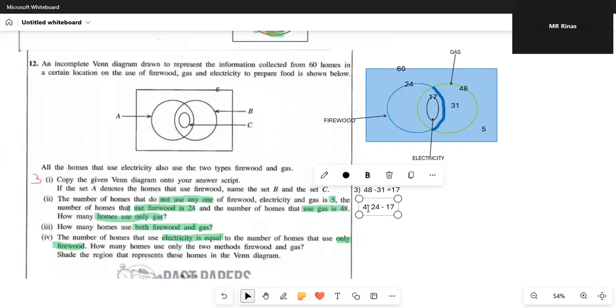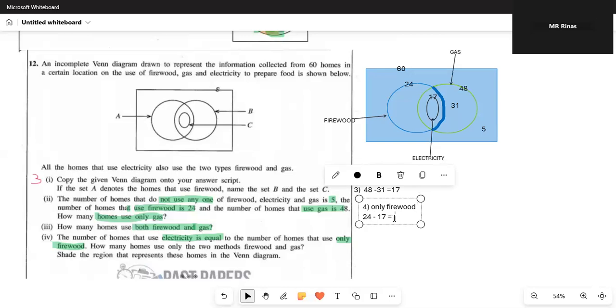So only firewood, homes only firewood, is 24 minus 17 is 7, right?